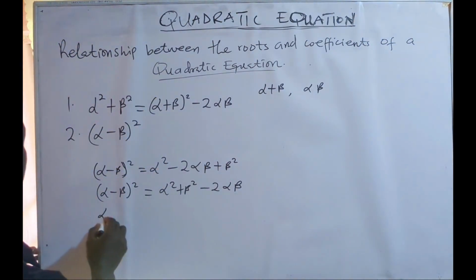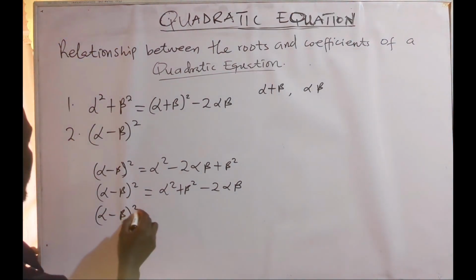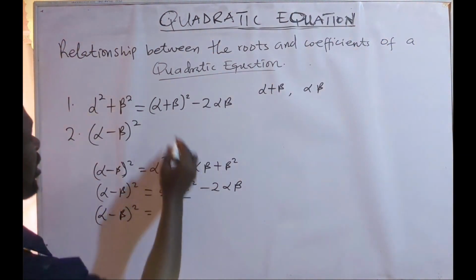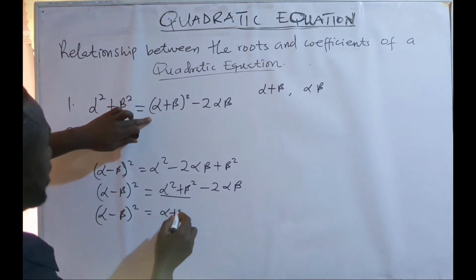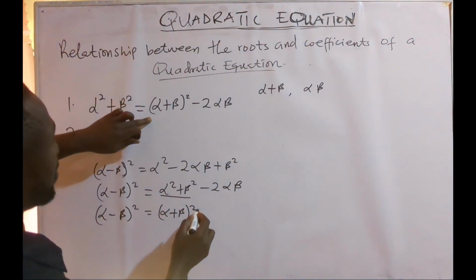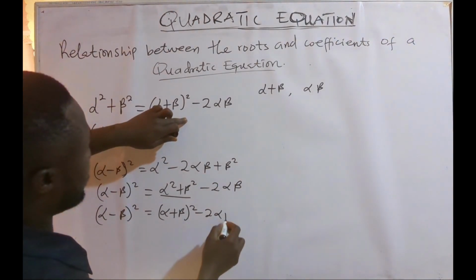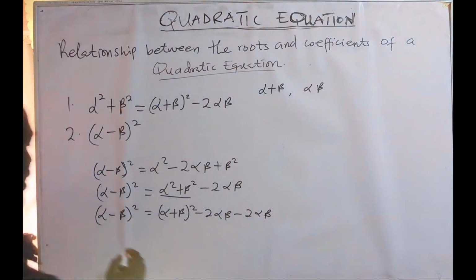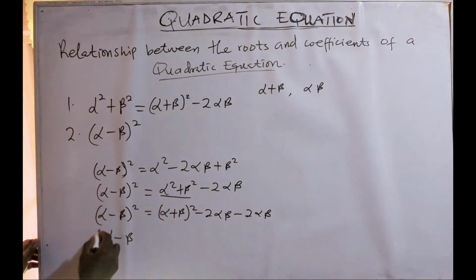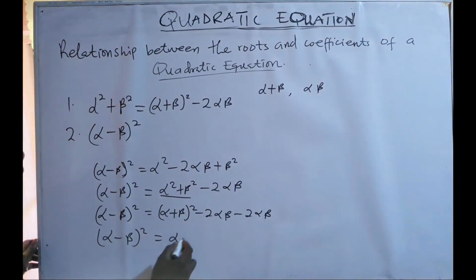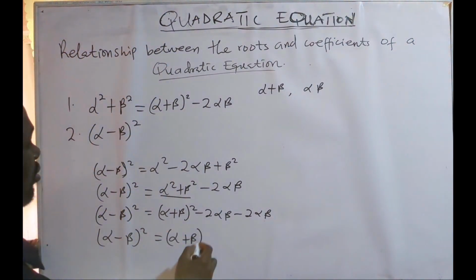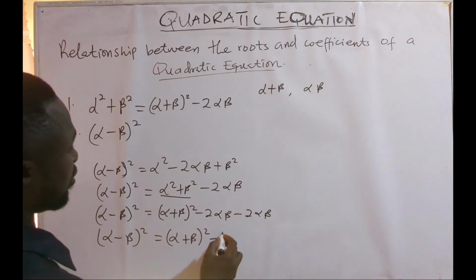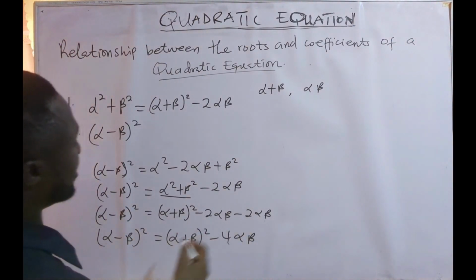So I'm going to substitute. My alpha squared plus beta squared is (alpha plus beta) all squared minus 2 alpha beta. Then I also have minus 2 alpha beta here. So I'm going to have (alpha plus beta) all squared minus 4 alpha beta.